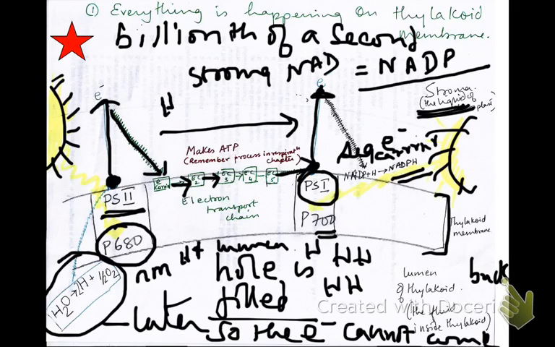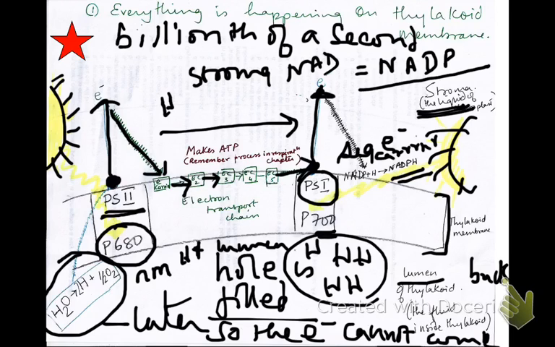Now, at the end of this process, what has happened? Let's just take a recap. Light hit the first photosystem 2, created an electron hole. I had a sequence of electron carriers forming a gradient of protons inside the lumen.